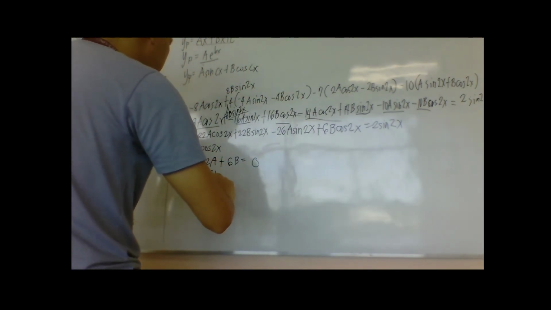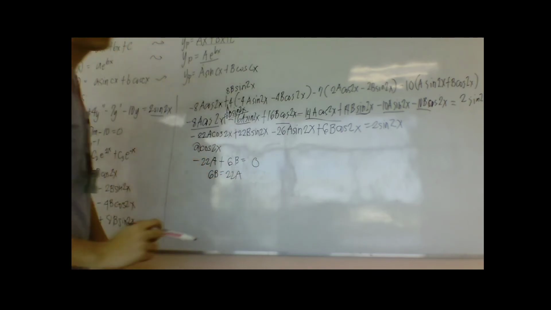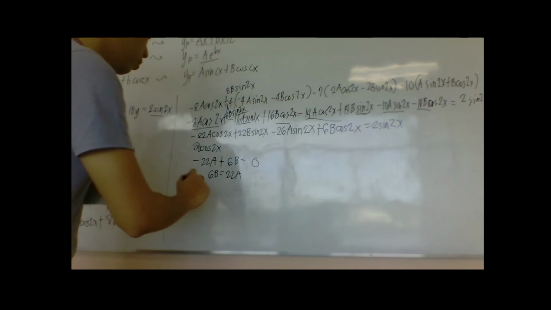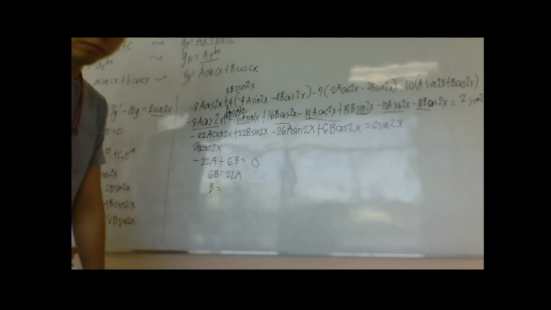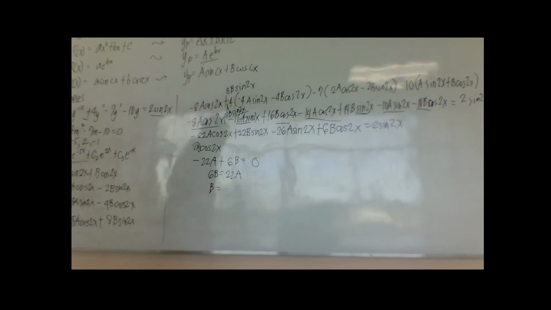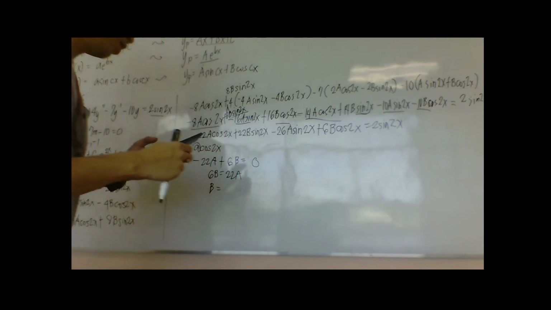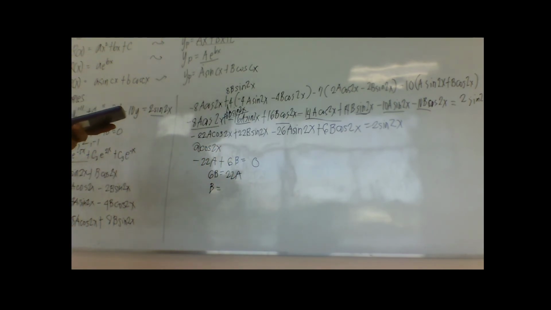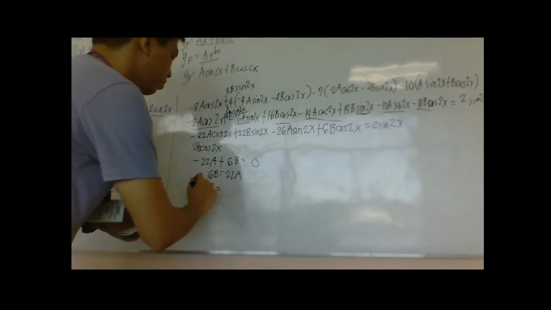So 6b equals 22a. So let's get b. So b is equal to, divide both sides by 6.